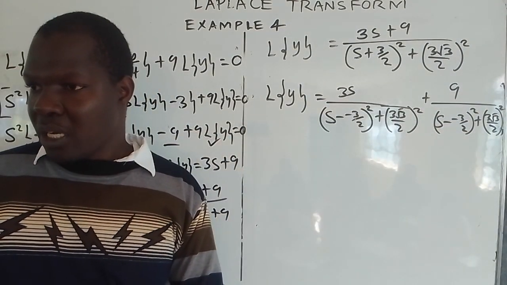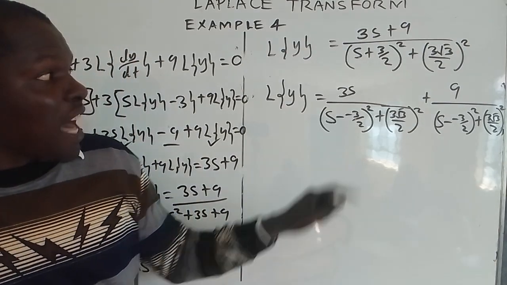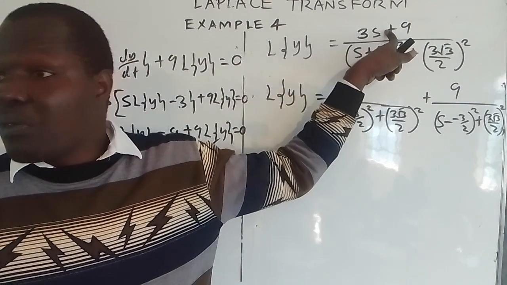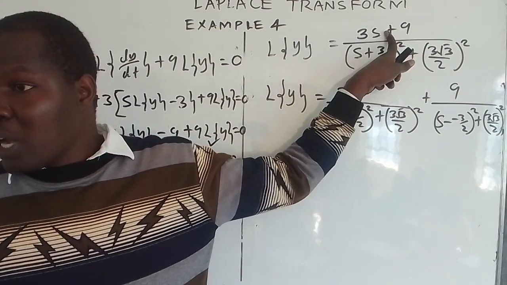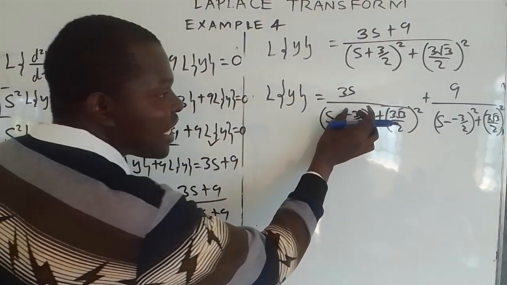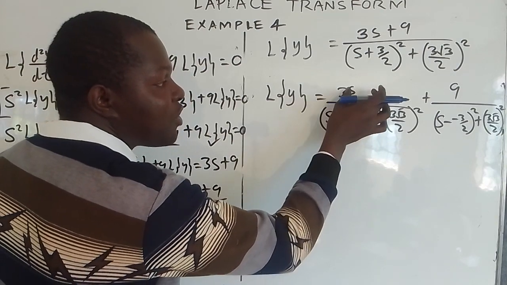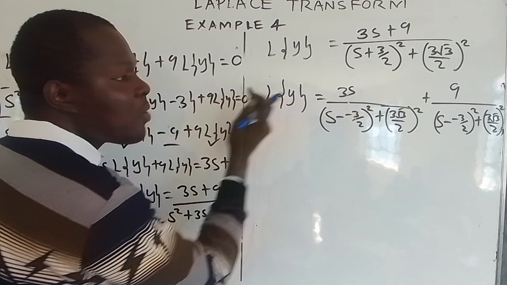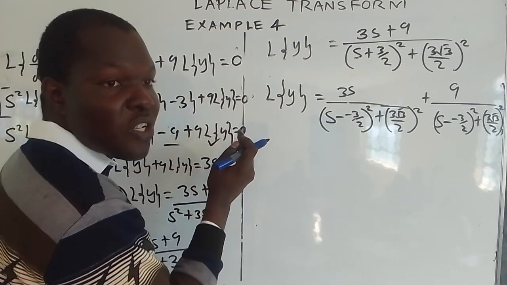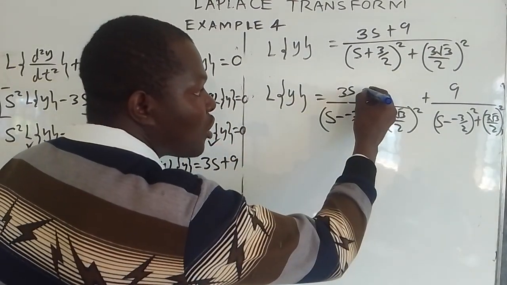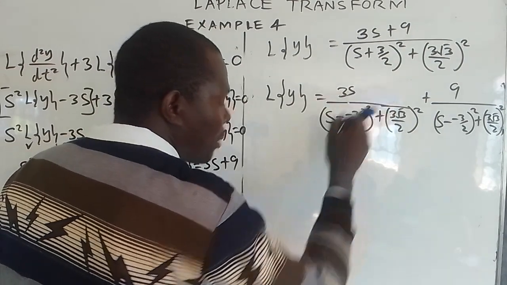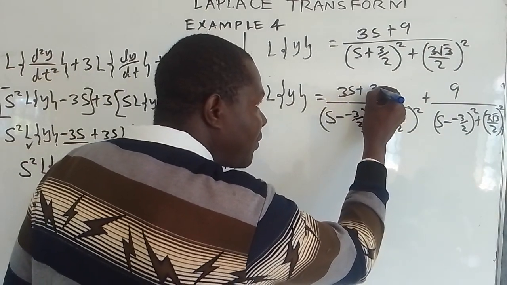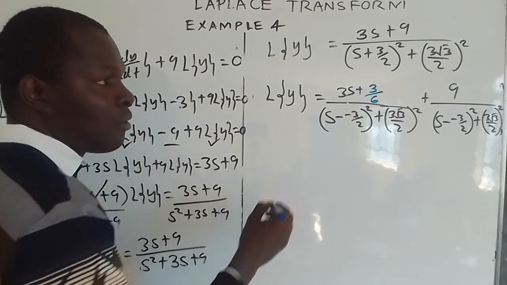Are you getting that? So even before doing that, you can track it from there before you separate 9. Are we together? So here s minus negative 3 over 2. You know s is having a coefficient of 3 here. So the moment you remove that coefficient of 3 outside, here you are going to have s plus 3 over 6.